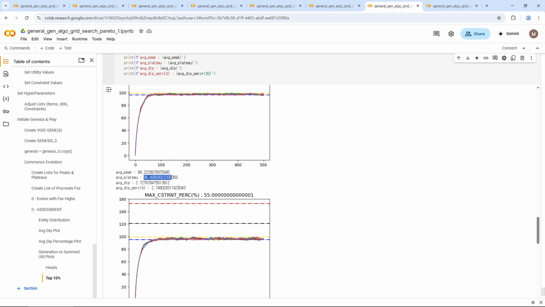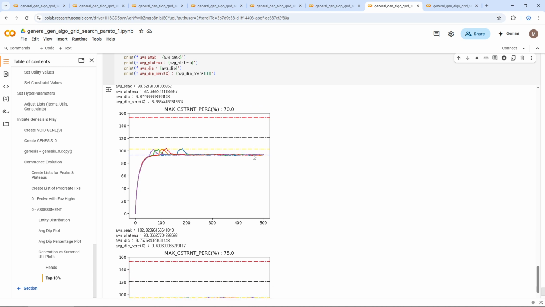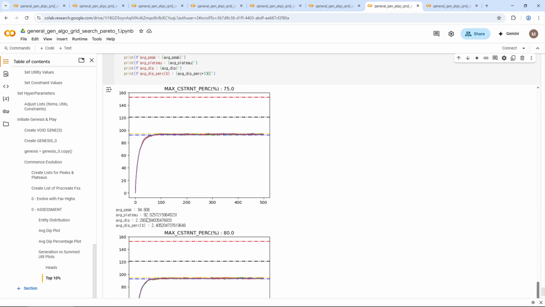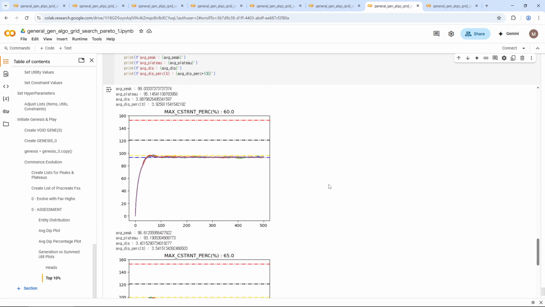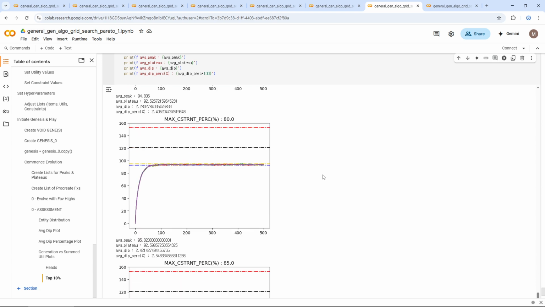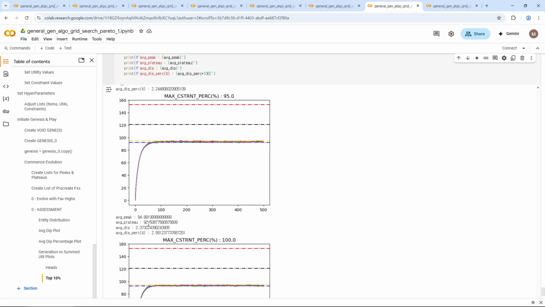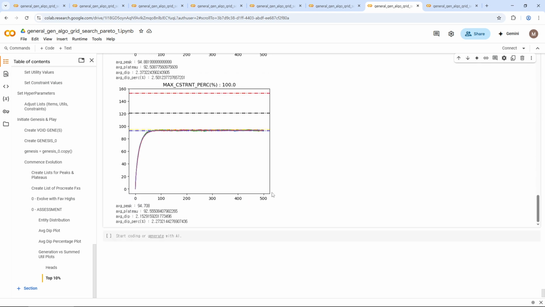The highest it was 96, and now at 70, 75, 80, it's at 92, 92, 92, 92. Huh.